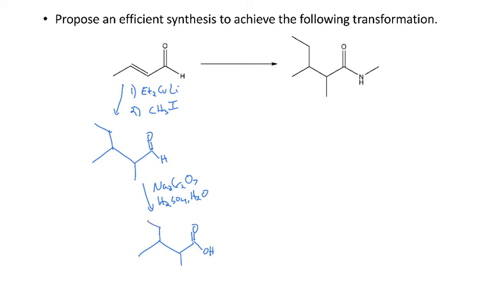All right, now I can't go directly from a carboxylic acid to the amide, but I can go through an acid halide. And then with this, I can react it with excess amine. In this case, I need methylamine. But that should give me the final product.